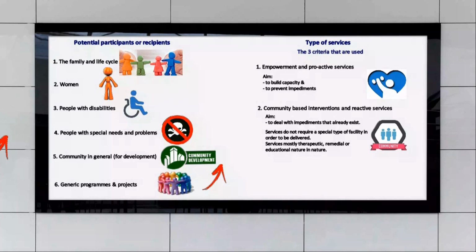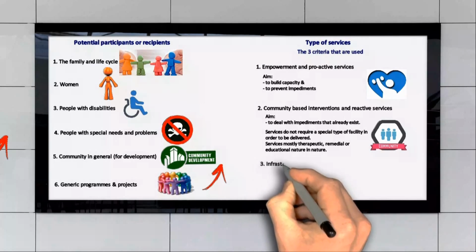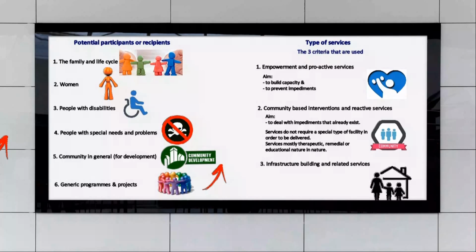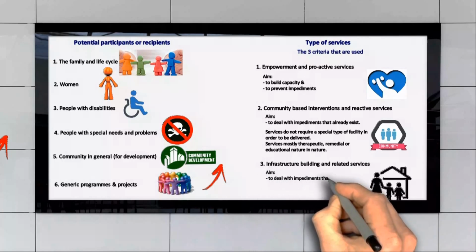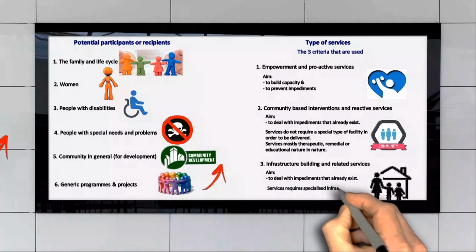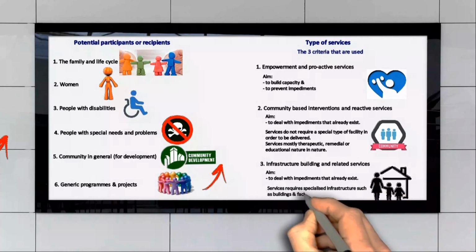In this case, the purpose of community work would either be to establish a new service, or to improve and extend existing services. And thirdly, infrastructure building and related services. They entail services that deal with impediments that already exist in the community and for which specialized infrastructure would be a prerequisite.